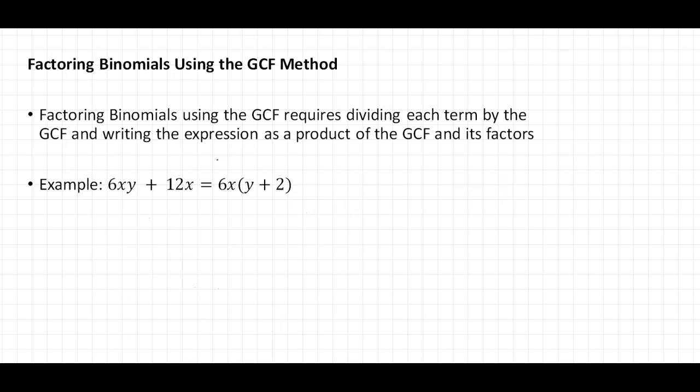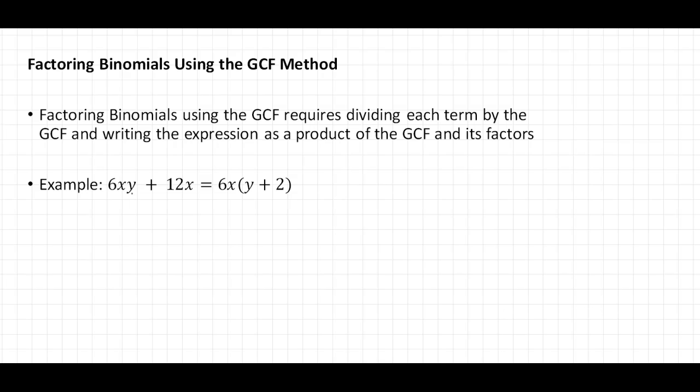Now we're going to learn how to factor binomials using the greatest common factor method. Factoring binomials using the greatest common factor method requires dividing each term by the greatest common factor and writing an expression as a product of the greatest common factor and its factors.